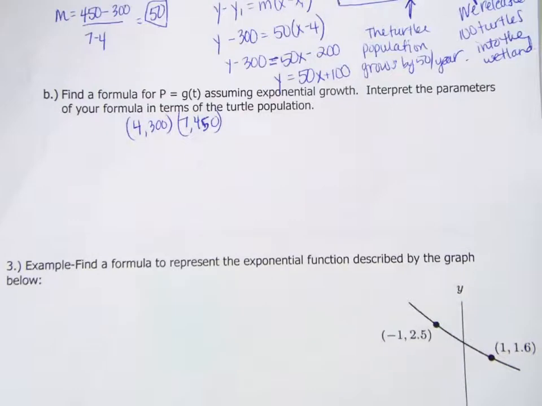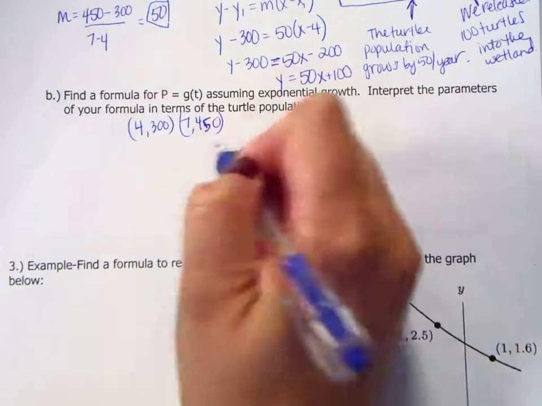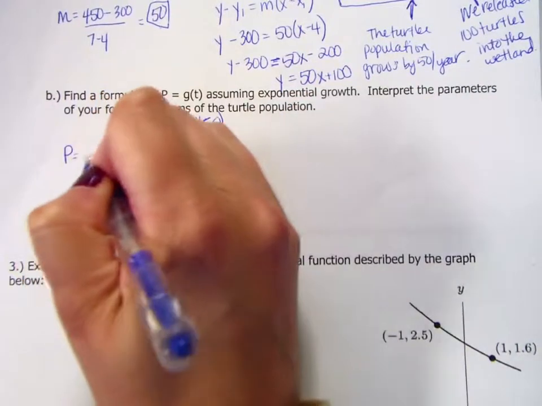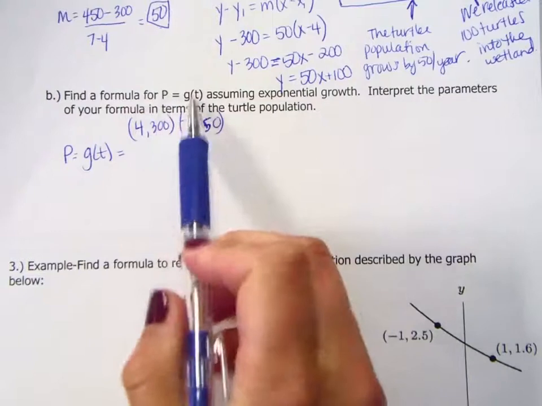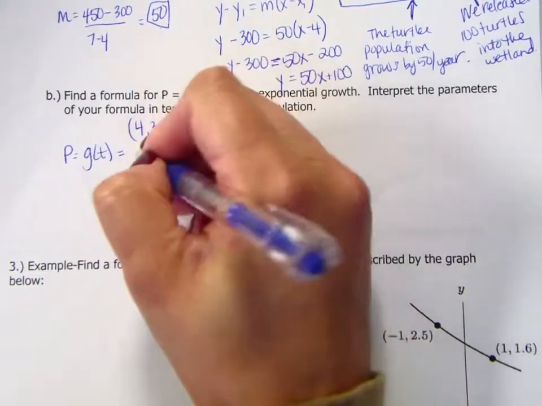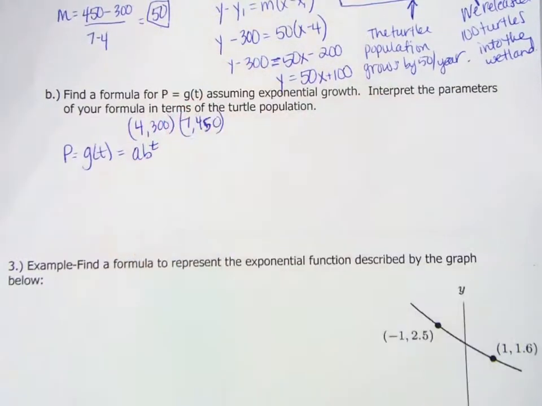But at least in a math class, I don't think you've done this before. So if this is exponential, they're saying to use p equals g of t. We know that in general, our exponential functions are a times b to the t. That's what we looked at last time.